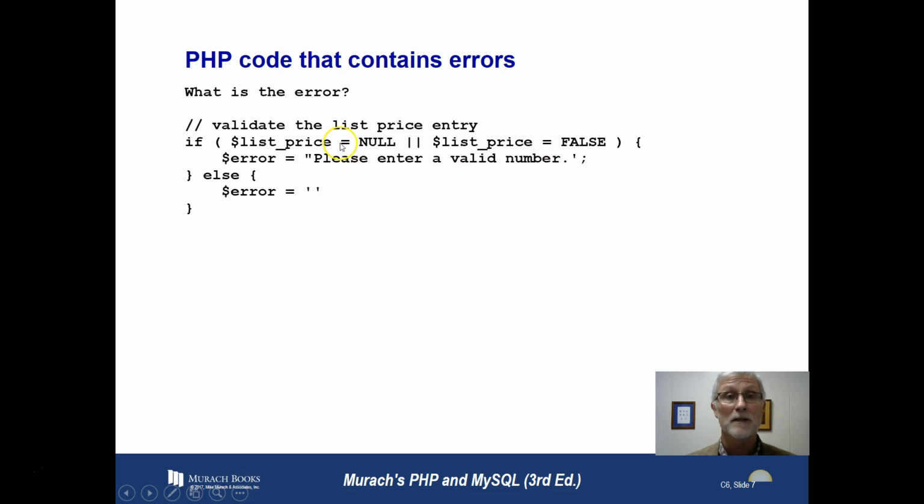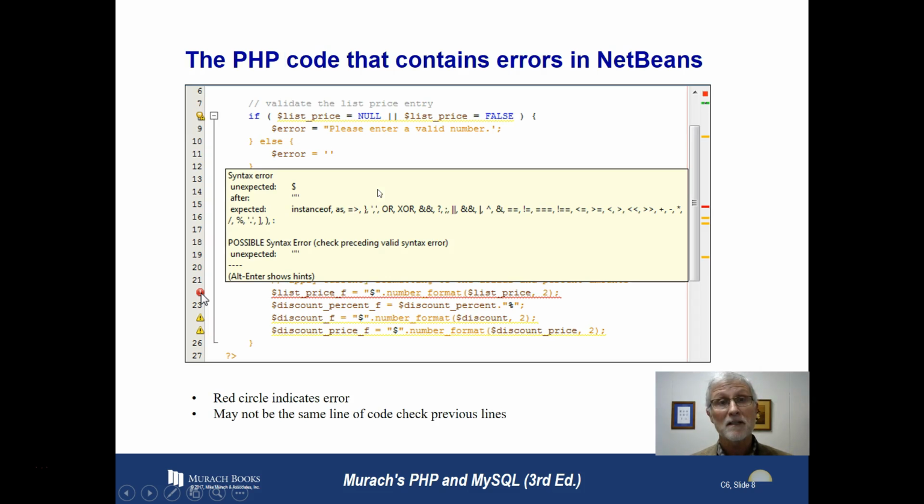Because what does this tell me? This says I'm assigning null to list price, or false to the list price. So this and this end up not checking for equality. They're actually making an assignment. Now, hopefully this would be a syntax error.